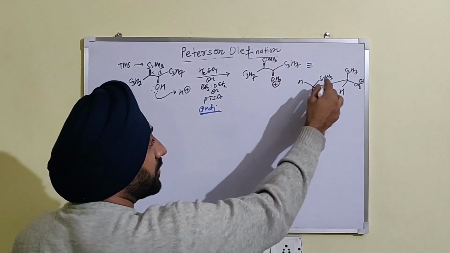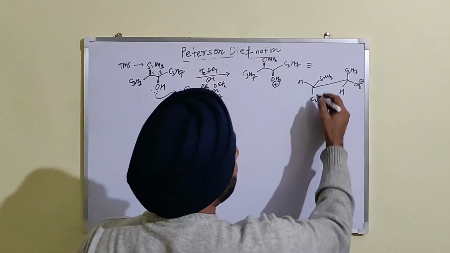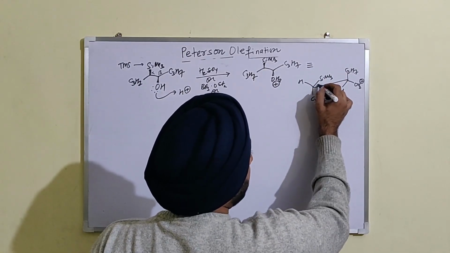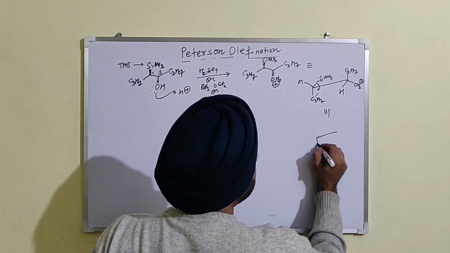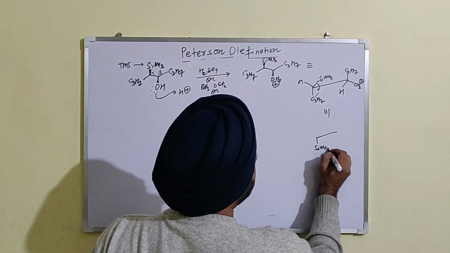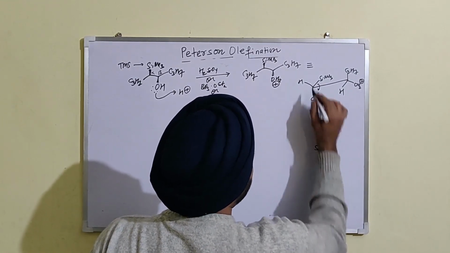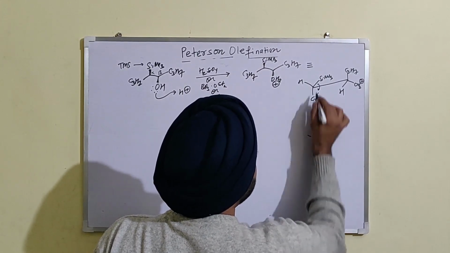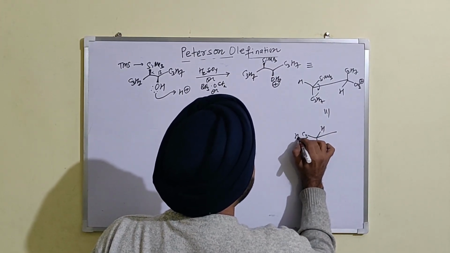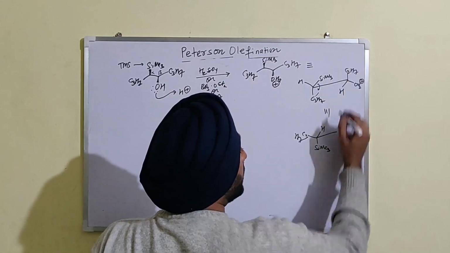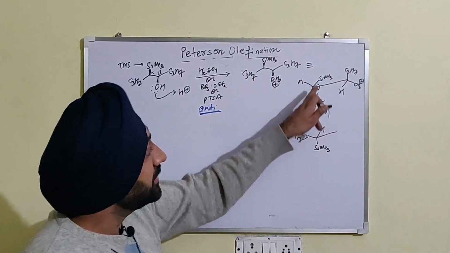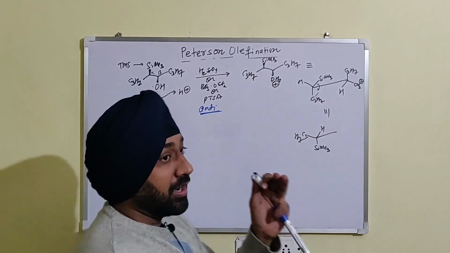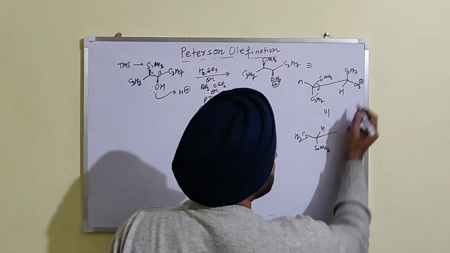So what we want now is to bring these anti to each other. Let's rotate this bond here. Once we rotate, the silyl will come down, the hydrogen is going to be here, and C3H7 is going to be here. Similarly, rotate this bond. I'm showing it in one go, but you can show it in a two-step sequence. It is just to understand.